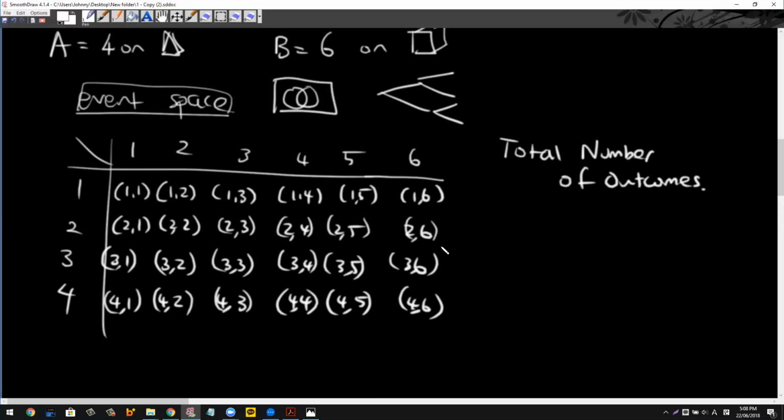That's very, very good. And I want you to also tell me what is the total number of outcomes for A or B? So I'm going to go for N of this. I didn't write P of this. N means number, okay? So I want you to tell me what N of A and B is, and also N of A or B. So I want you to think about that very carefully.